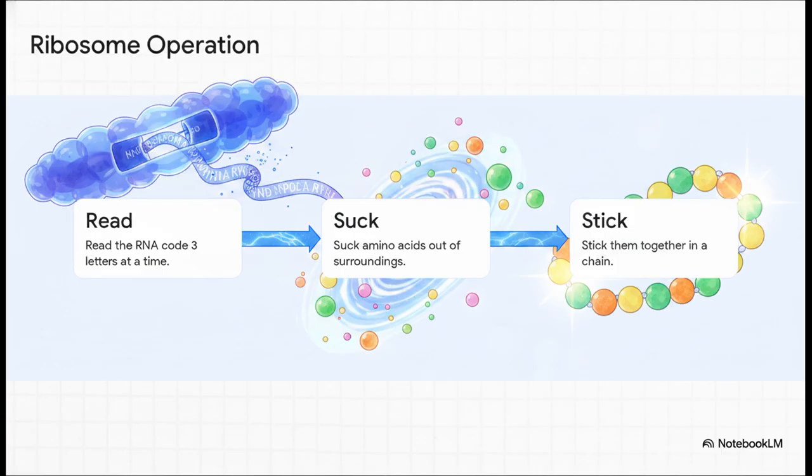Step 1, the ribosome reads the RNA code, but it reads it strictly 3 letters at a time. Step 2, for every 3 letters it reads, it sucks a specific amino acid right out of its surroundings. Step 3, it sticks that amino acid onto a growing chain. It just relentlessly reads, sucks, and sticks, following that genetic code perfectly.